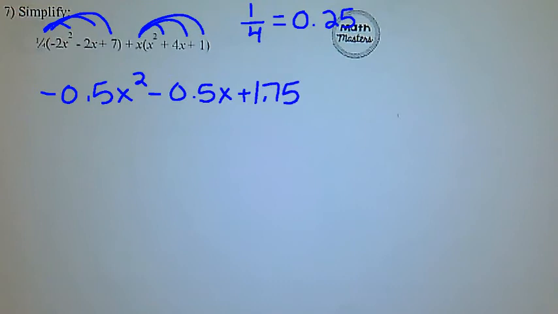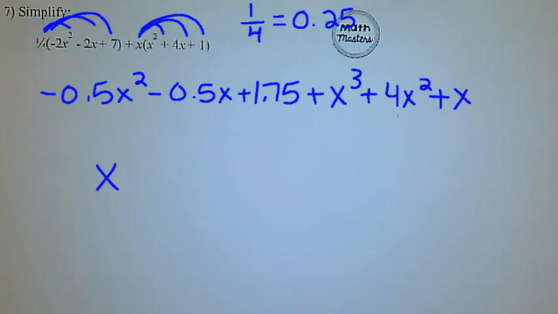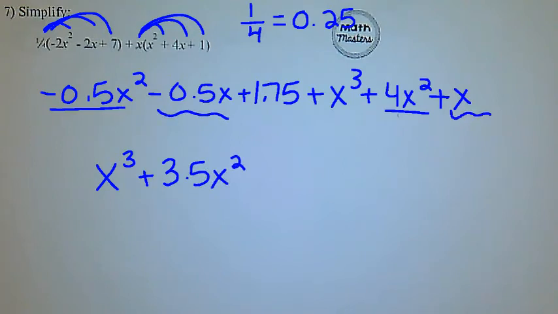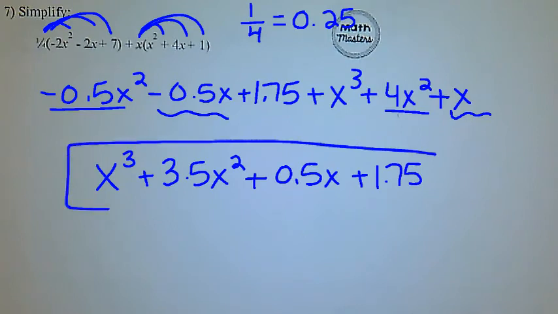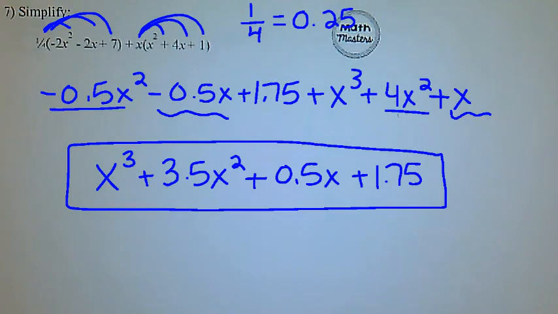And then we are adding that to x cubed plus 4x squared plus x. So again, try to reorder this in standard form. Would be the best. So this becomes a positive 3.5x squared, a positive 0.5x plus 1.75. Don't let the decimals scare you.